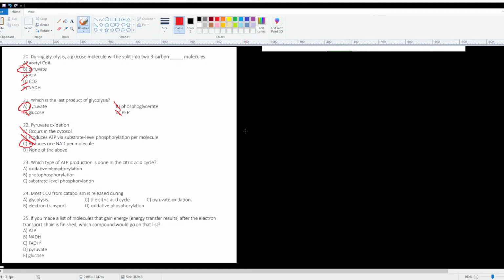Because remember what's going on in oxidative phosphorylation. All those NADHs that we made throughout cellular respiration are being oxidized. So we're releasing those protons, and then those protons power ATP synthase. That's kind of the magic of it all. But for it to be powered, NADH first needs to be oxidized.